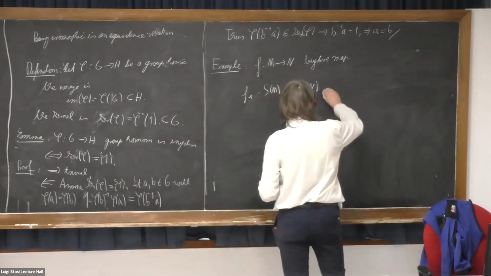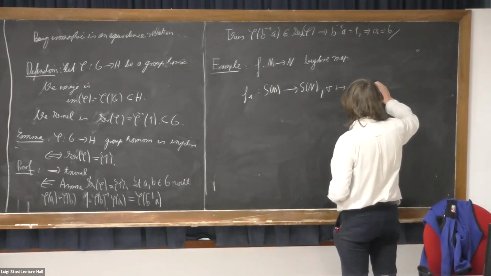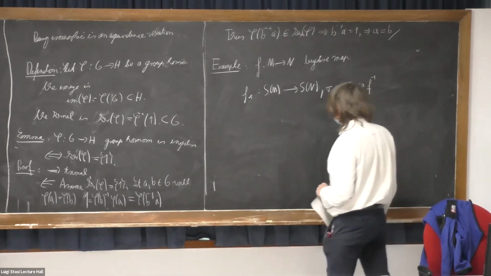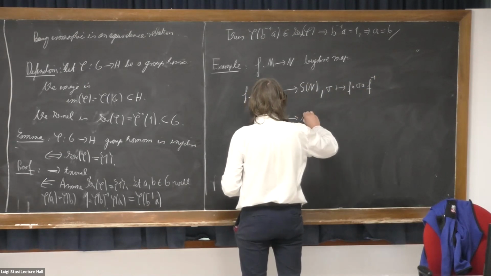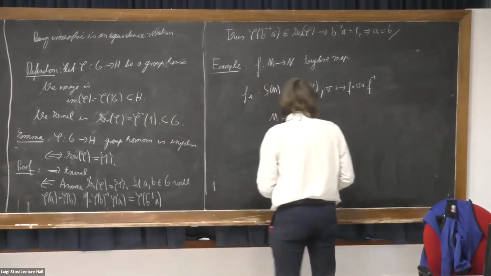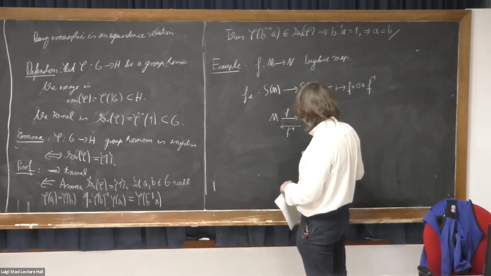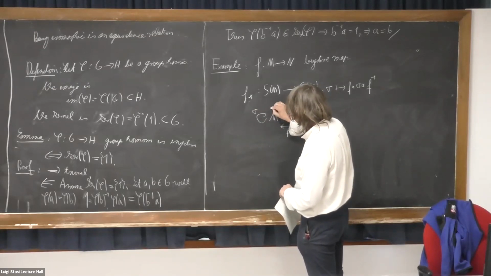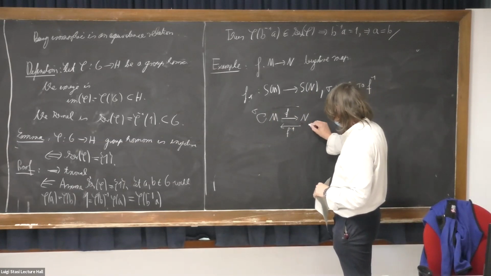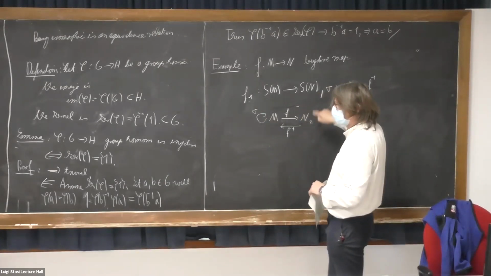And by sending the permutation sigma of M to the following: we take a point of N, we take its inverse image F to the -1, apply sigma, and then apply F. If we have here M and N, so here is our F, what we do is we first go back here by F to the -1, then we apply sigma, and then we apply F. And so this gives us a permutation of N. So if we have an element in N, we send it by F to the -1 to an element of M, apply sigma to it, and apply F. So we move the element around.